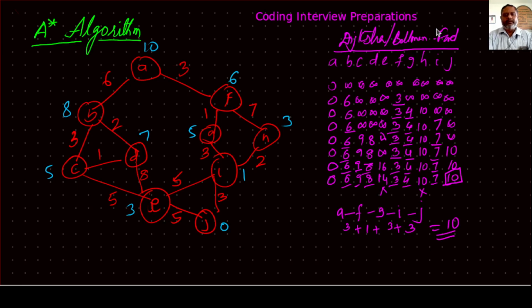Hi friends, we are working on finding the distance from one node to another node in a graph. We had seen how Dijkstra's algorithm and Bellman-Ford algorithm can work, and also seen the drawbacks of Dijkstra's algorithm or shortfalls of Bellman-Ford algorithm.